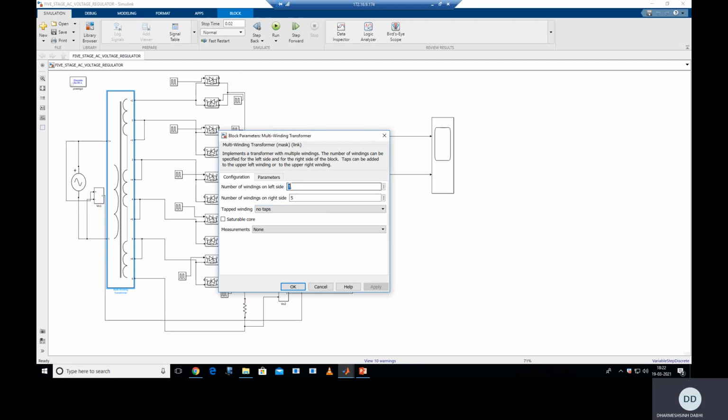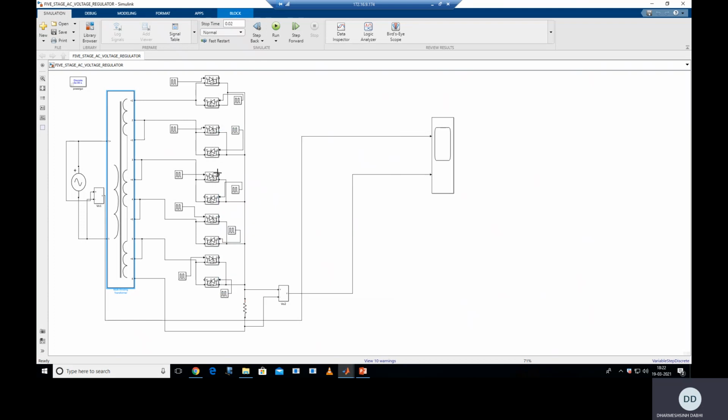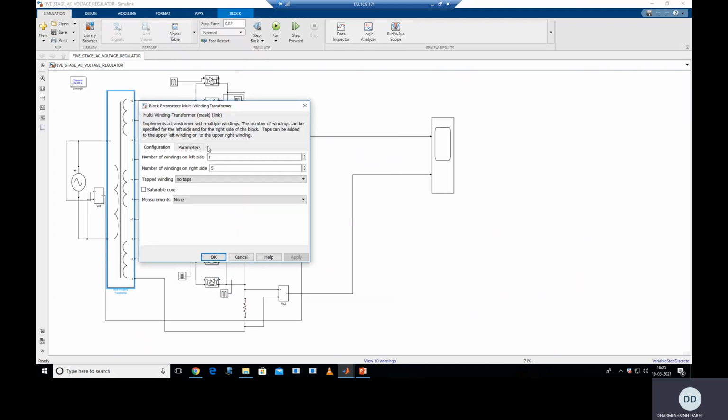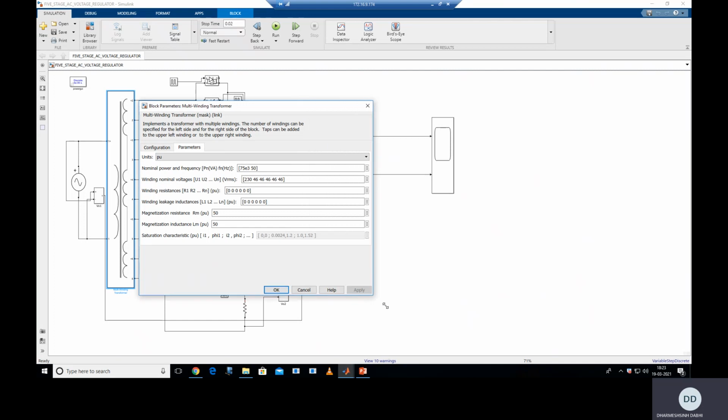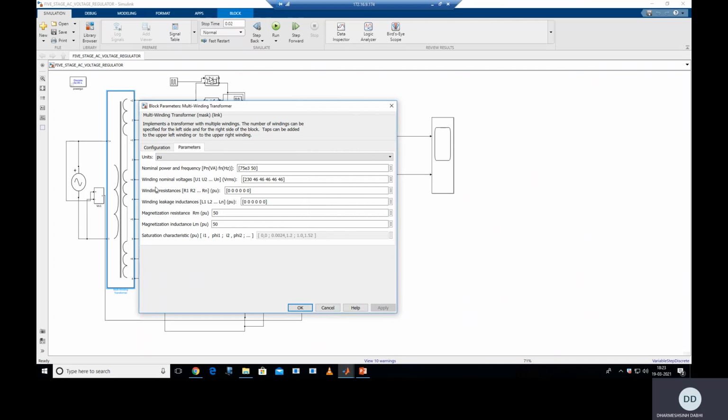Primary winding only one. So now in this multi-winding transformer, again you choose the frequency. The inbuilt frequency is given as 60 Hz. So here we select the frequency as 50 Hz. Now you can see the nominal voltage rating of the primary and each secondary winding.